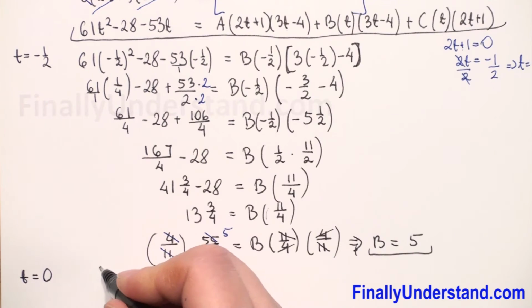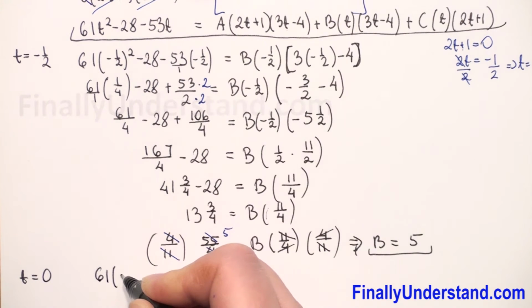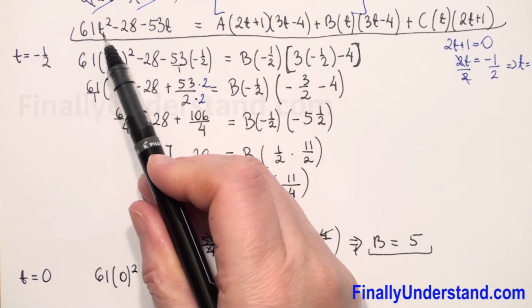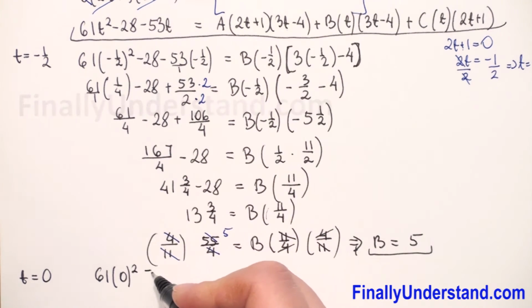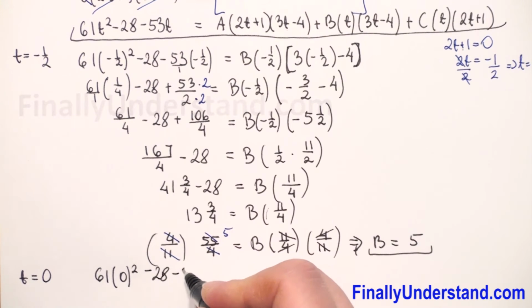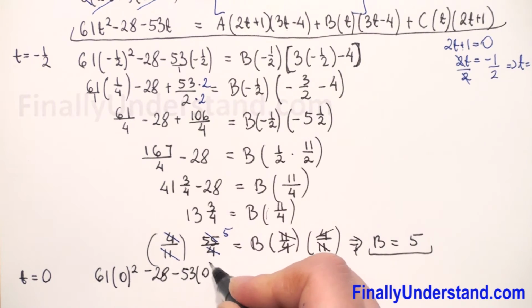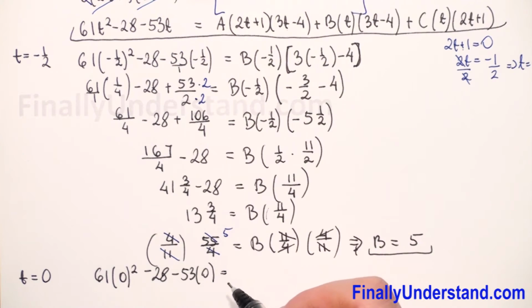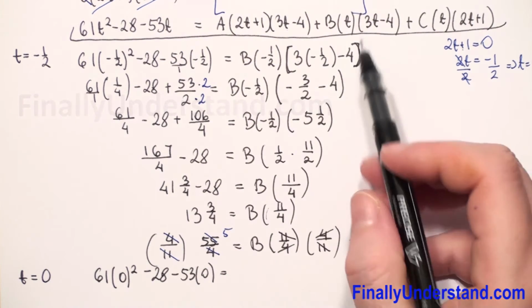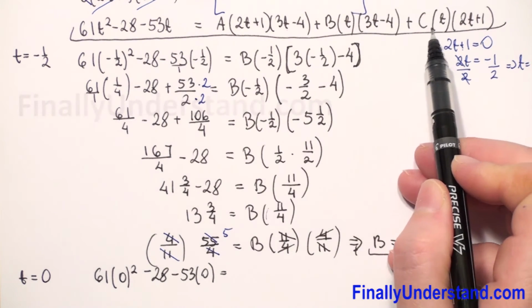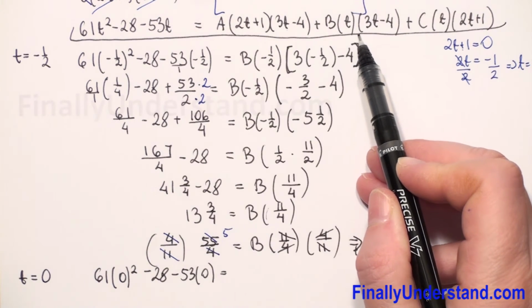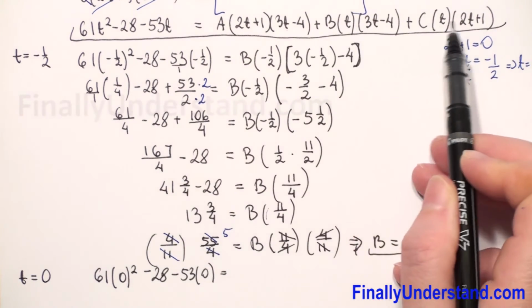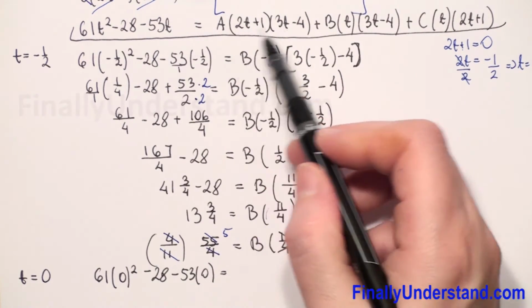So we have 61 times 0 to second power. I just have to substitute t by 0, minus 28, and now minus 53 will be times 0. This is equal, and like I said, the last term and the second term will be 0, so we don't have to write these two terms, only the first.